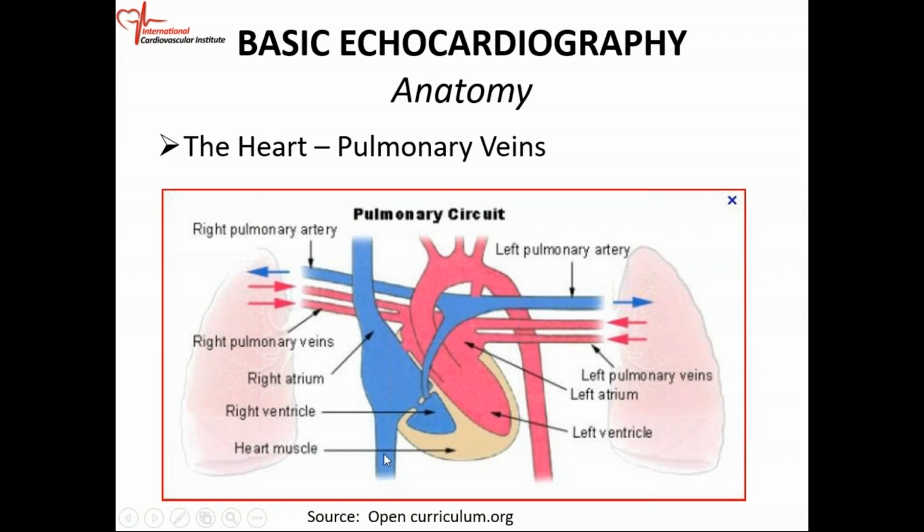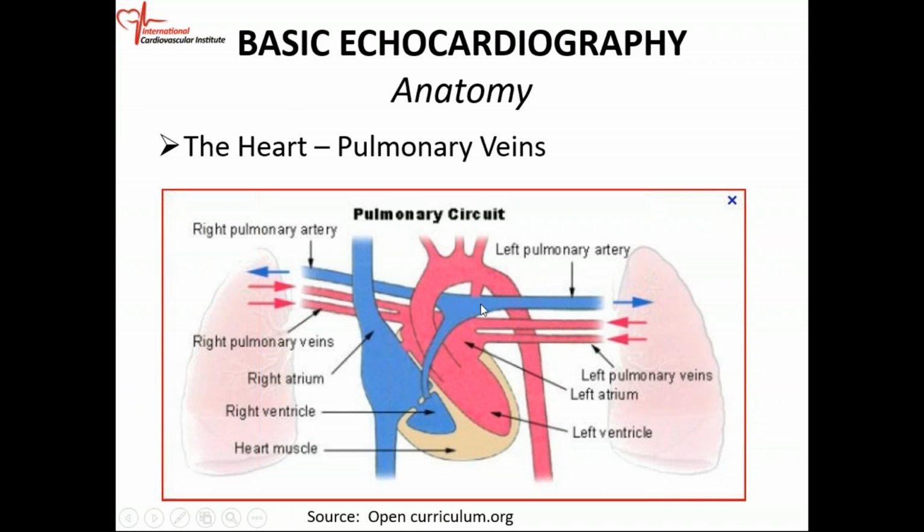Inferior vena cava from the lower extremity and the abdominal trunk. Blood is going to drain into the right atrium from the superior vena cava and inferior vena cava. Then it's going to cross the tricuspid valve into the right ventricle. It's going to leave the right ventricle through the right ventricular outflow tract, pulmonary valve, into the main pulmonary trunk.